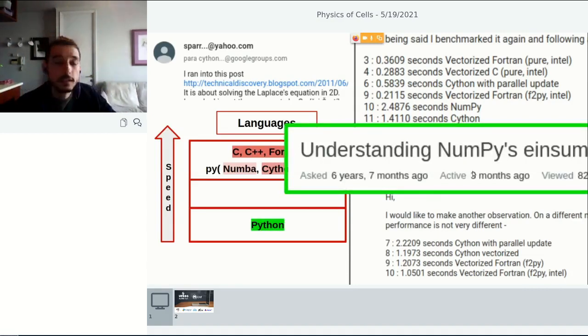And another thing, to make it more complicated, is that NumPy has this function here called einsum. This method from NumPy is specific for working with matrices.